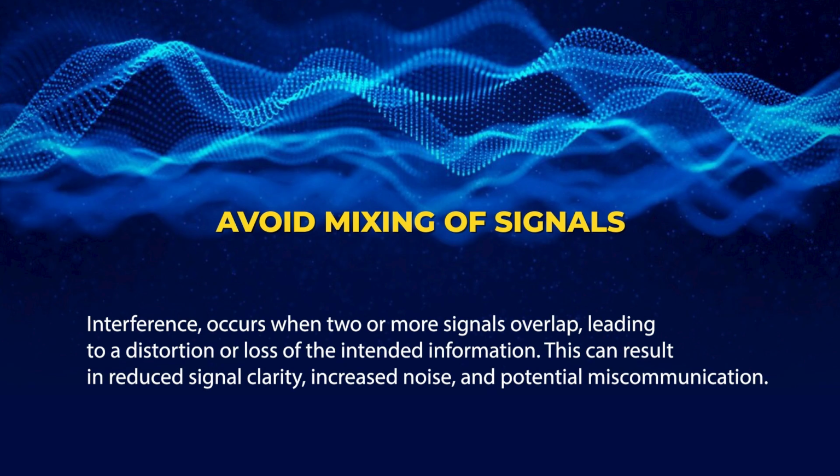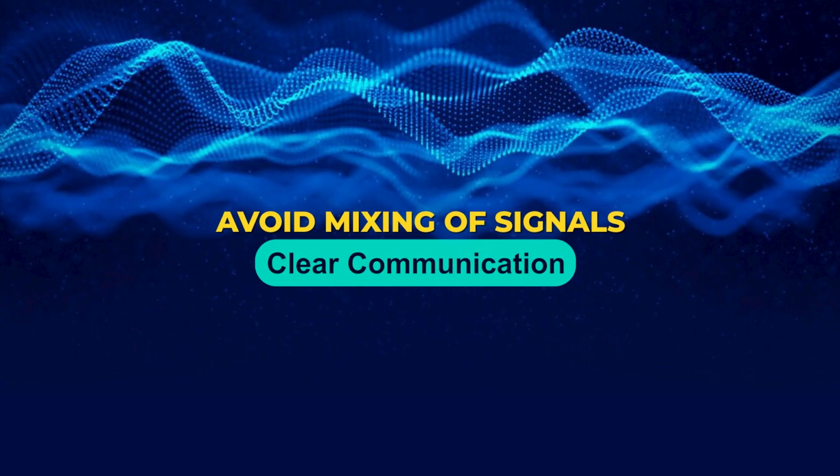Signal mixing, also known as interference, occurs when two or more signals overlap, leading to the distortion or loss of the intended information. This can result in a reduction in signal clarity, an increase in noise and potentially miscommunication. So, the mixing of signals is nothing but overlapping of signals.